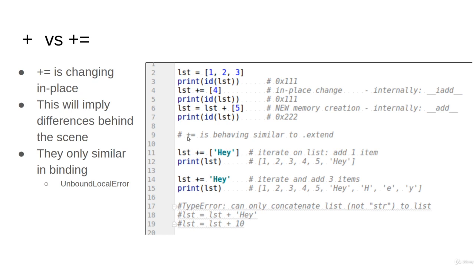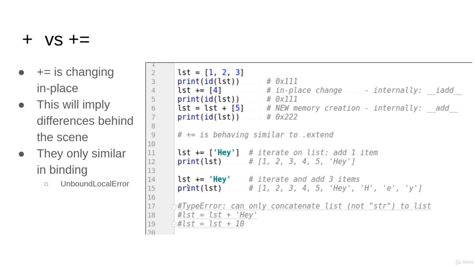So far so good, but there is one more tricky thing that I would like to point out. If you say list plus equal, hey, like that in a list, remember the plus equal is the same as extend, it is going to iterate on this item, which is a list. So iterating on a list of a single item, hey will be added.